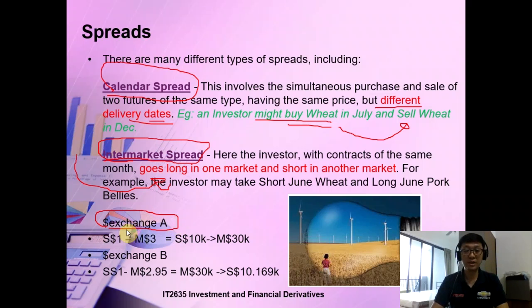For example, let's say I have a money exchange in Raffles Place or Dhoby Ghaut in the city area. They are offering $1 to 3 ringgit, right? Let's say I have 10,000 Sing dollars that I want to change.